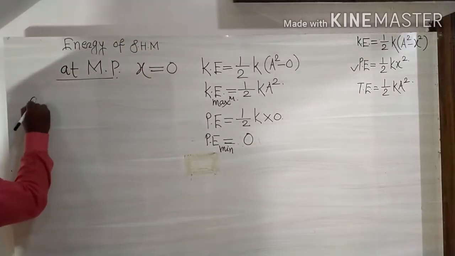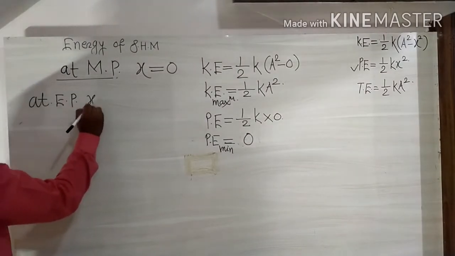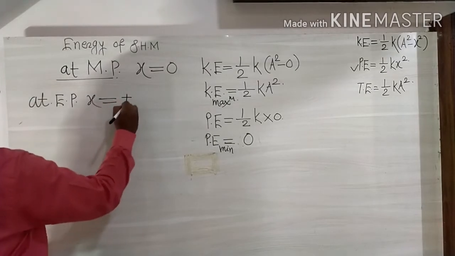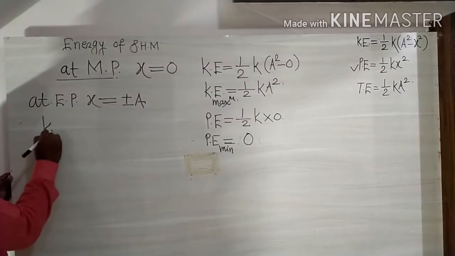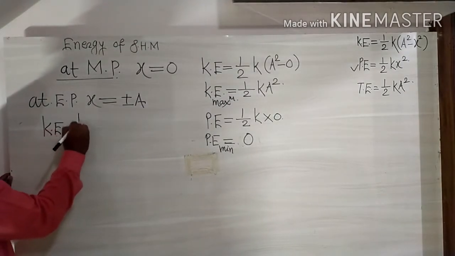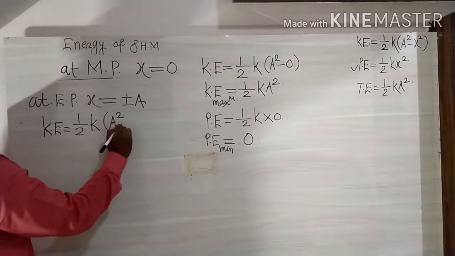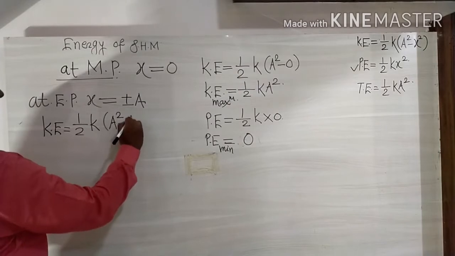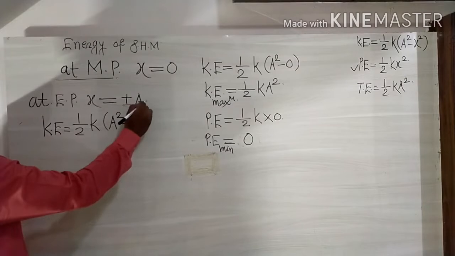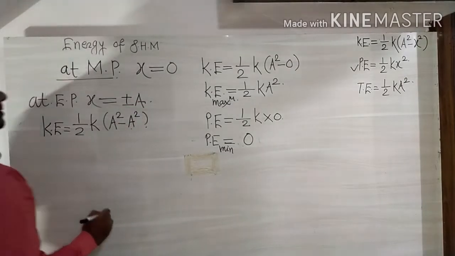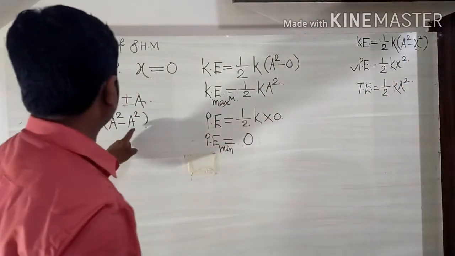So at extreme position what happens, let us see. At extreme position we know that displacement x is equal to plus or minus a. So kinetic energy at extreme position is 1/2 k a square, and instead of x we put plus or minus a.